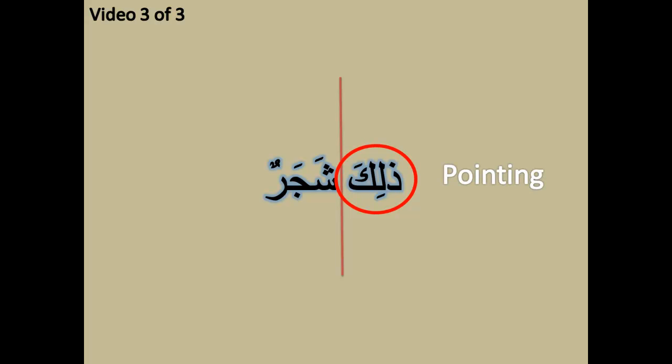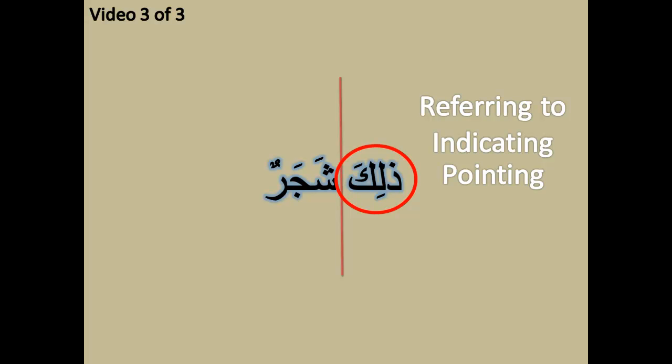We're going to use dhalika shajarun, which by now you know means that is a tree, and we're going to divide the sentence grammatically into two. So grammatically, dhalika, translated into English, means that, which is a demonstrative noun. Dhalika is used for pointing, indicating, or referring to or towards when you are demonstrating towards something.